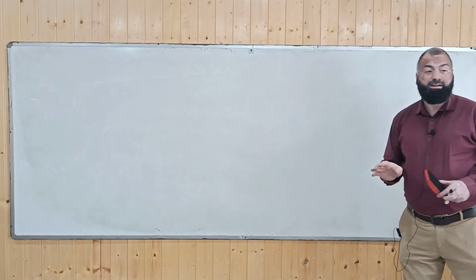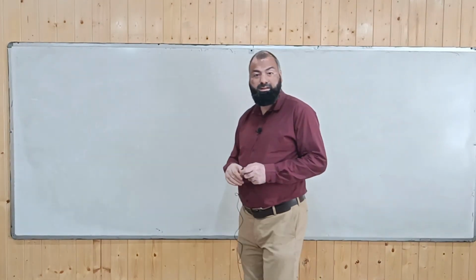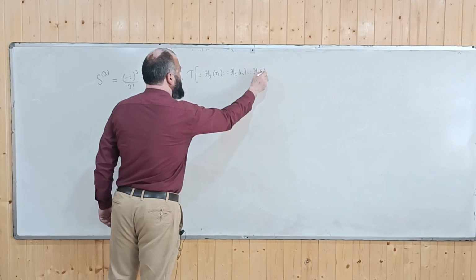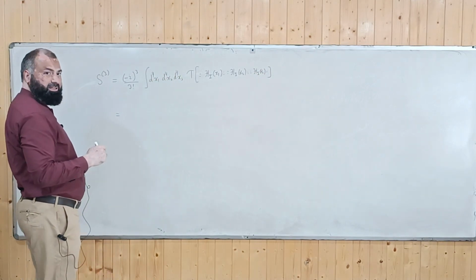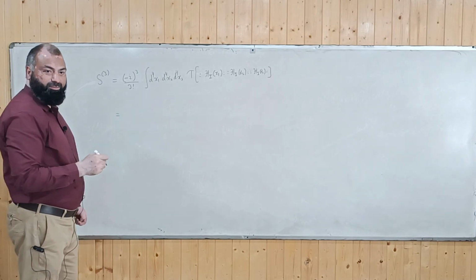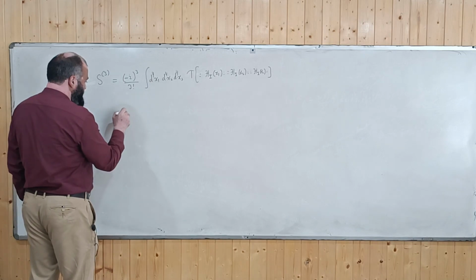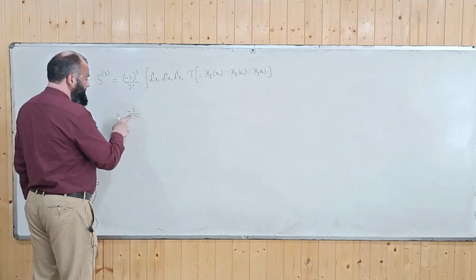So, is it clear? Then H_I at x3. Clear? So what does it give me? i cubed is how much? Minus i, so it is 6.